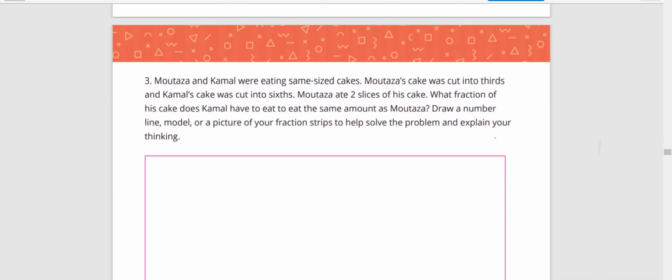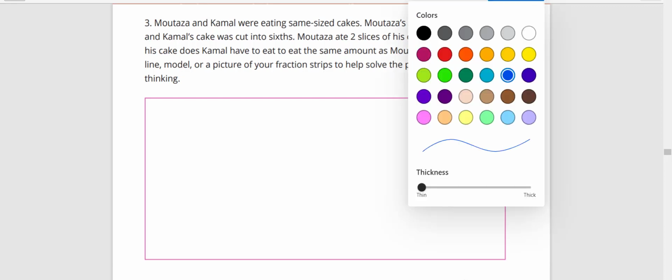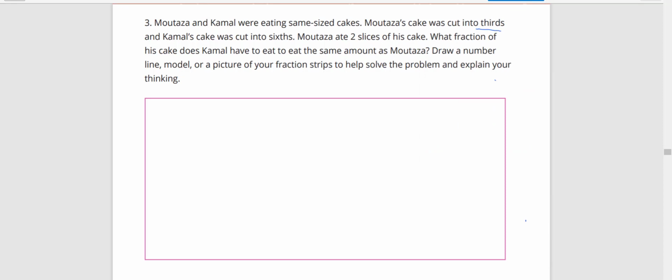Number 3: Mu'tazza and Kamal were eating same-sized cakes. Mu'tazza's cake was cut into thirds and Kamal's cake was cut into 6.